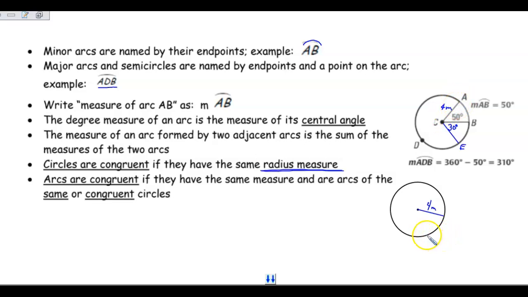Arcs are congruent if they have the same measure and are arcs of the same or congruent circles.